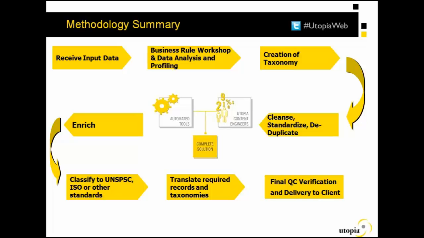And then we classify it for UN, SBC, ISO, or other standards, and translate it if needed. And that translation is less frequent, more the exception than the rule. And then passed on to process to migrate into the system. So that's just kind of a snapshot of that piece.